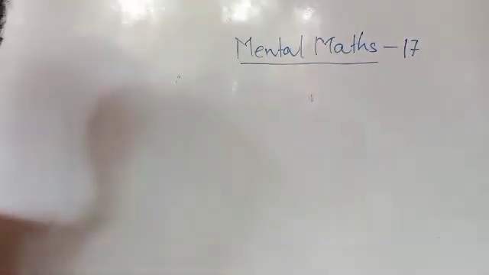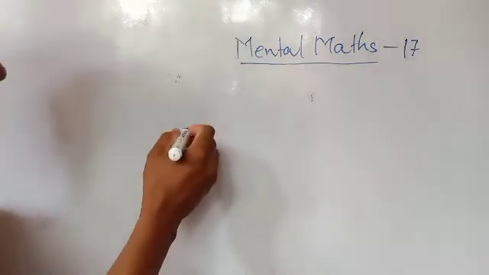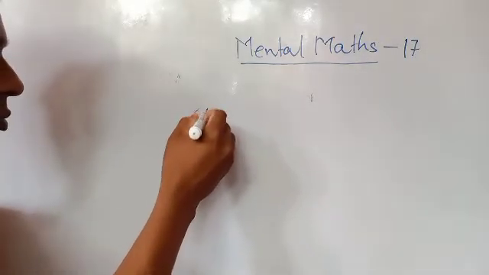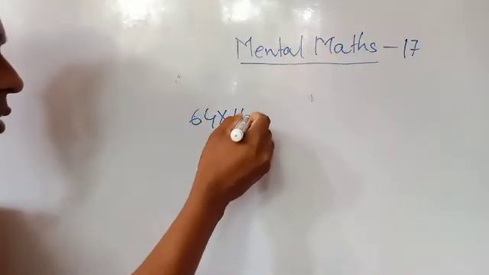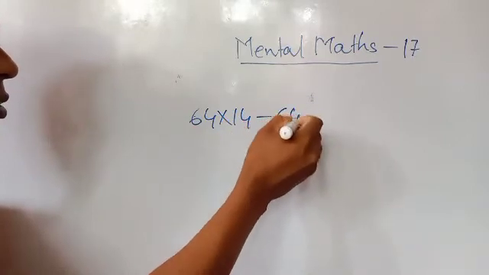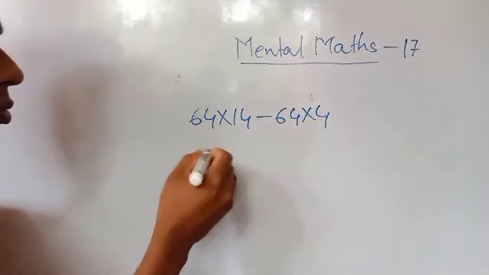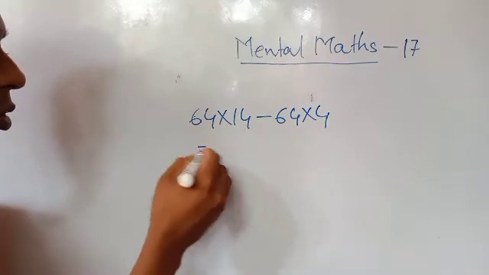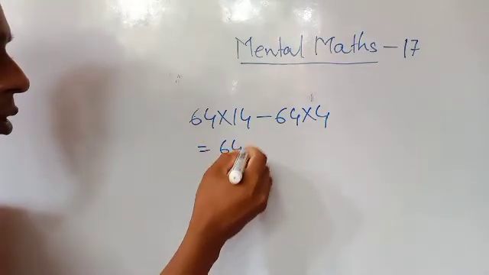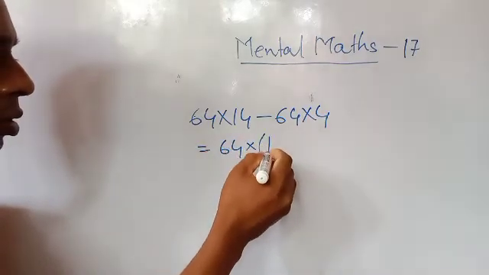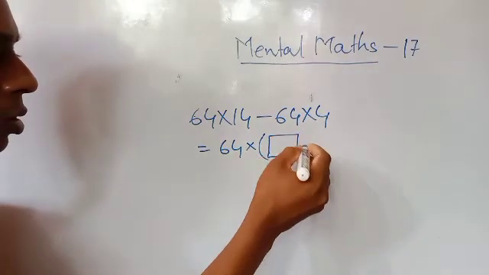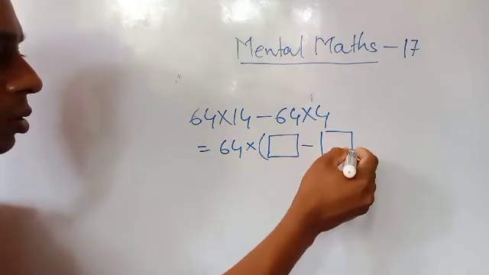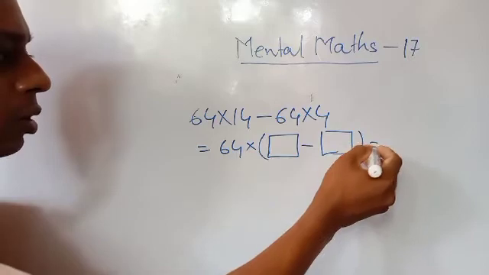Another one, that subtraction I am showing: 64 into 40 minus 64 into 4 equal to.